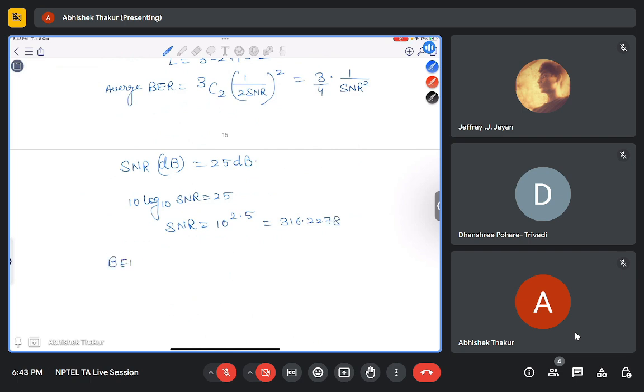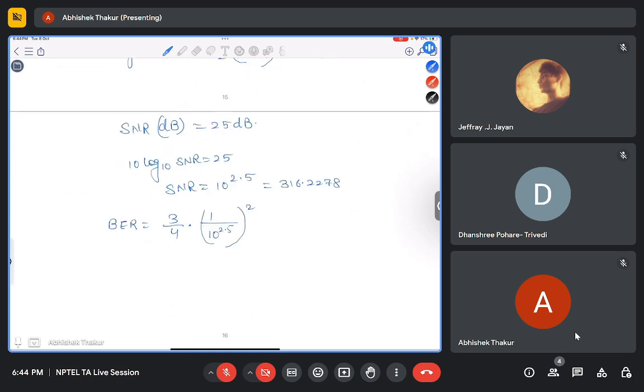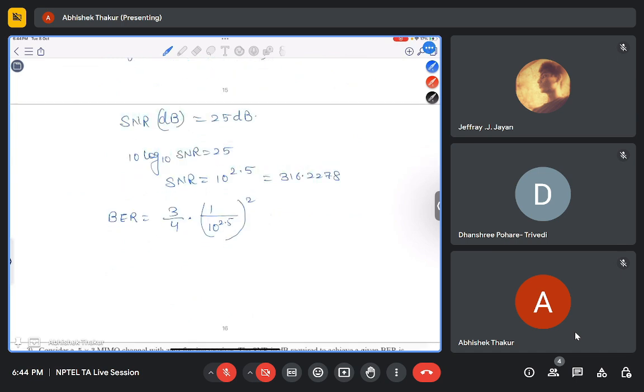Our bit error rate is equal to 3 by 4 into 1 by 10 to the power of 2.5 squared, because it was 1 by SNR squared. So it becomes 3 by 4 into 1 by 10 to the power of 5, which is 0.75 into 10 to the power of minus 5. We can also write this as 7.5 into 10 to the power of minus 6.